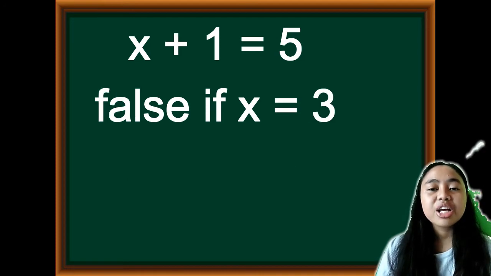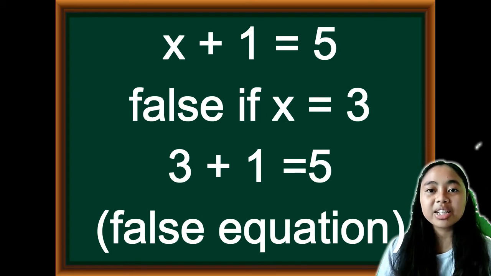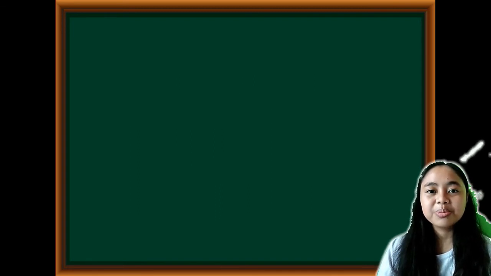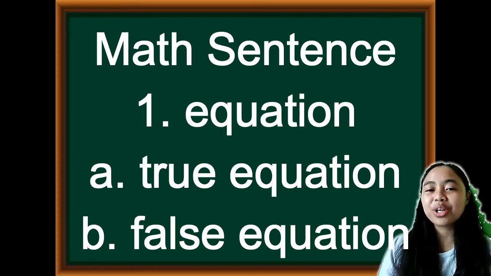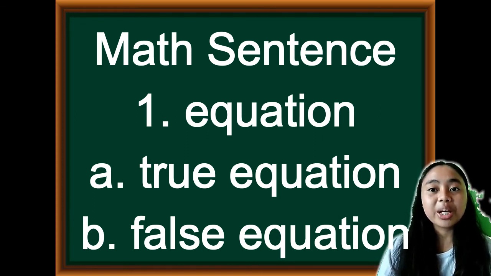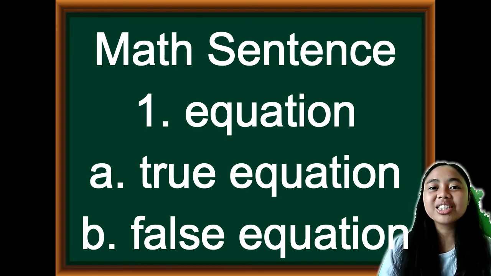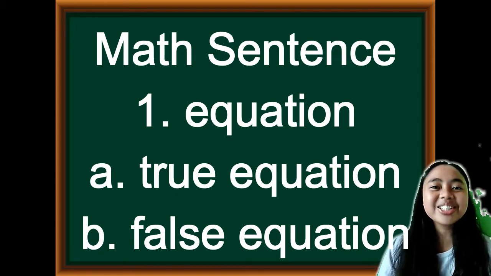But if x is equal to 3, then 3 plus 1 equals 5 is not a true equation. It is a false equation. Do you understand now? So what is the first math sentence again? Equation. And what are the types of equations? True equation and false equation. Very good.